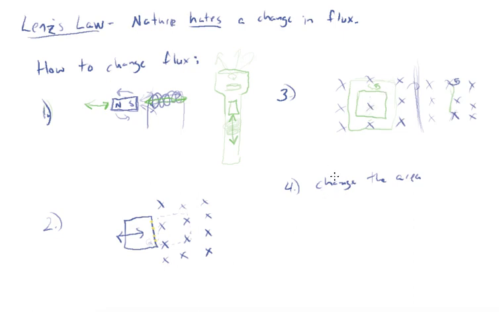So changing the area. Oh, another one this works for is detecting when you're at a street light. You see those little rectangles cut out in front of stop lights? Inside that is a giant coil of wires, and it's got a very weak electric current running through it and a very weak magnetic field.